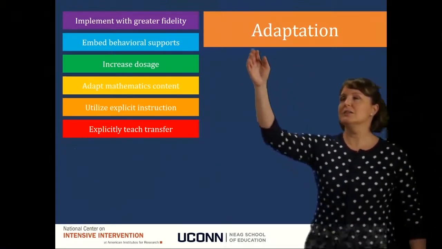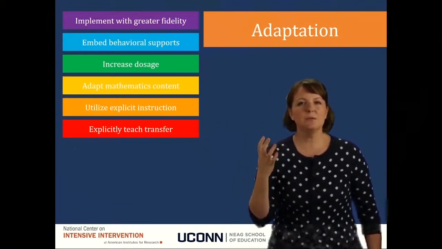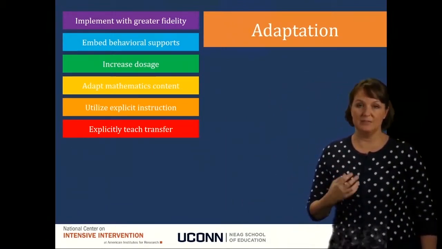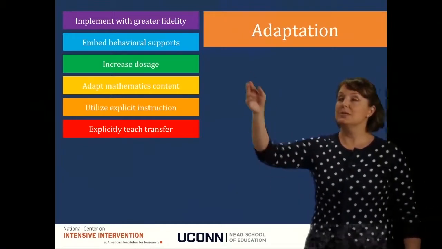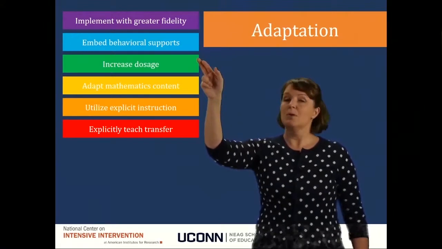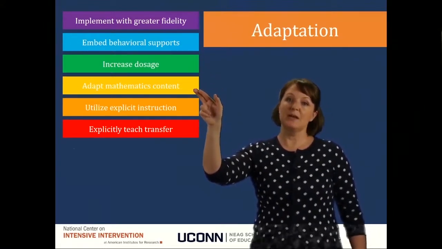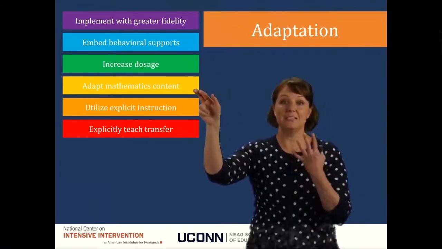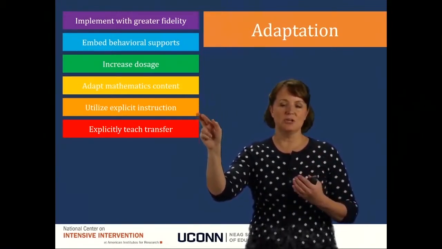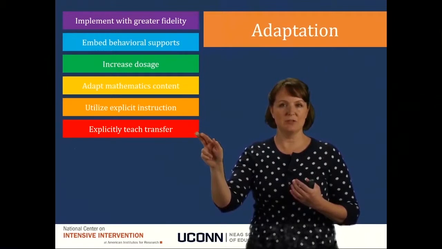So here's our list of adaptations that we really want you to think about when we've got those students that are non-responsive to DBI. So we need to implement with greater fidelity, embed behavioral supports. We may increase the dosage. We may adapt the math content. You saw lots of different ways to do that. We want to make sure we're utilizing explicit instruction and explicitly teaching for transfer.